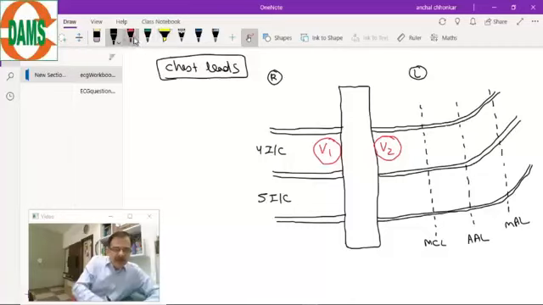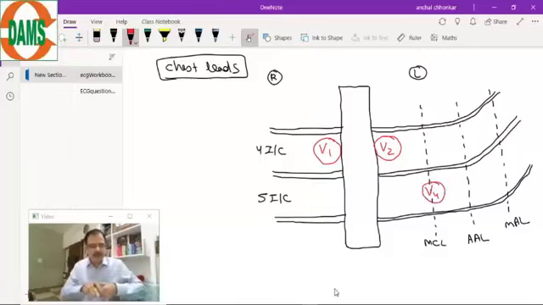The V4 lead is placed in mid clavicular line, fifth intercostal space. Fifth intercostal space, you must have seen the technician putting those chest leads on the intercostal spaces. Now V3 is between V2 and V4, so it is somewhere here.